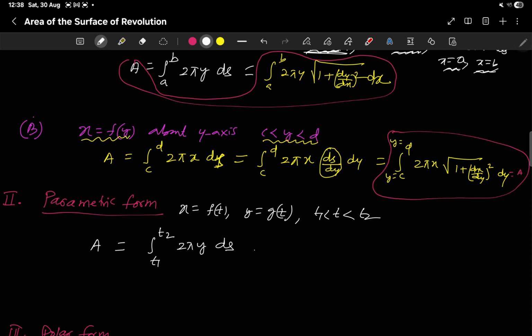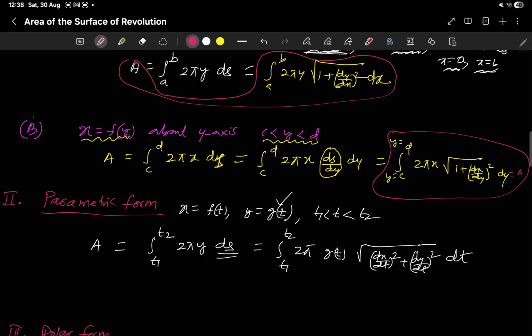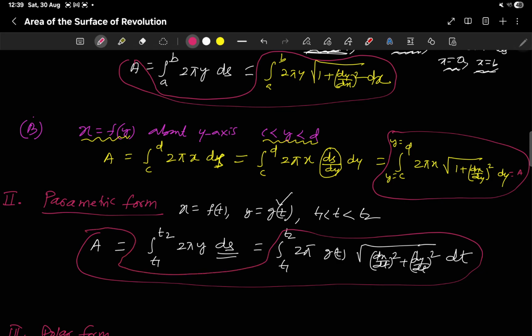This will be the integral from t1 to t2 of 2 pi g(t), and in view of ds, it is square root of (dx by dt) square plus (dy by dt) square, dt. So this is the formula for the surface area under the parametric form.